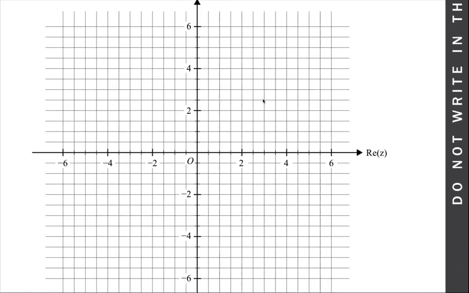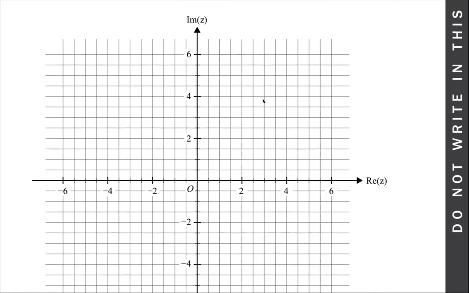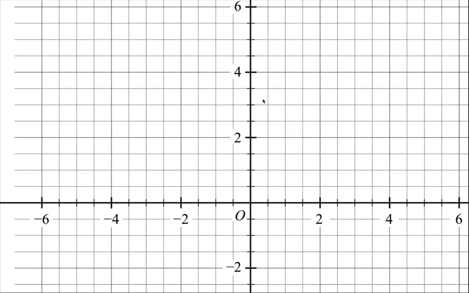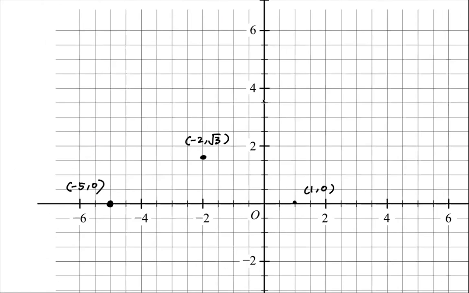And then just accurately locate the center first, okay? The center. Notice that root 3 is 1.7 something, okay? So -2, root 3. This is the center. The circle goes through -5, 0, and 1, 0, okay?